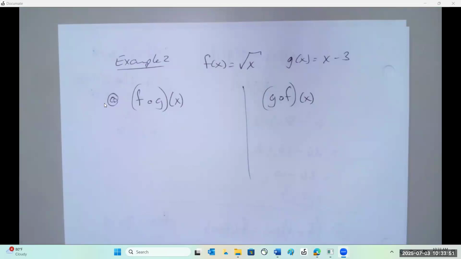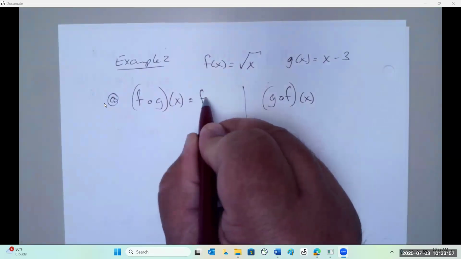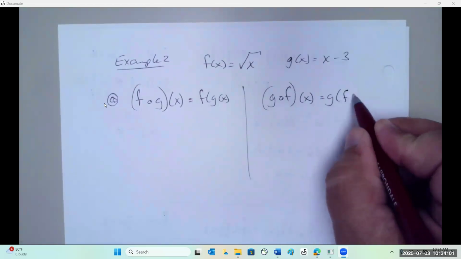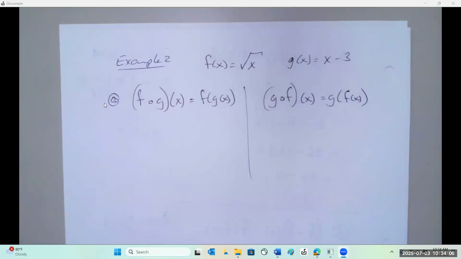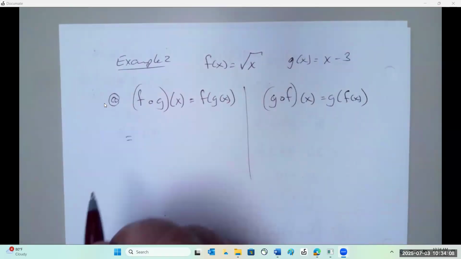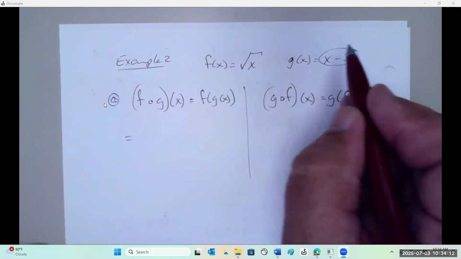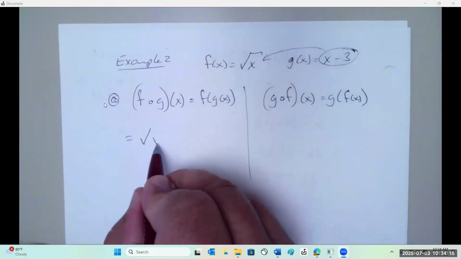We'll find those first, typically. So this is f of g of x. This is g of f of x. So the first one says, I take my equation g, and anywhere I see an x in the first one, I plug it in there.